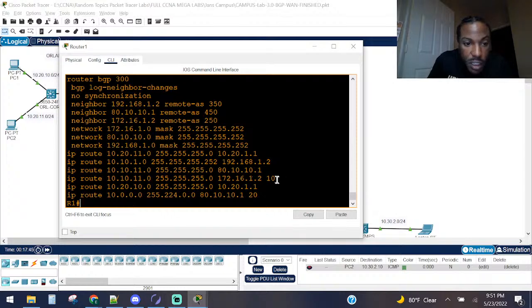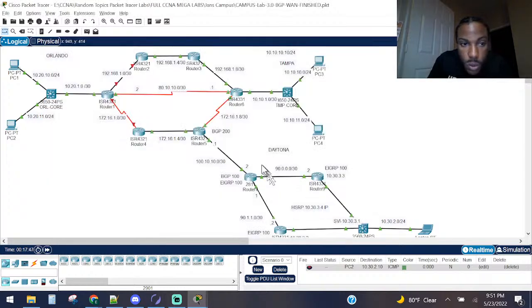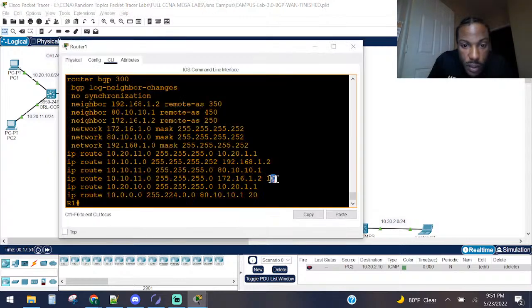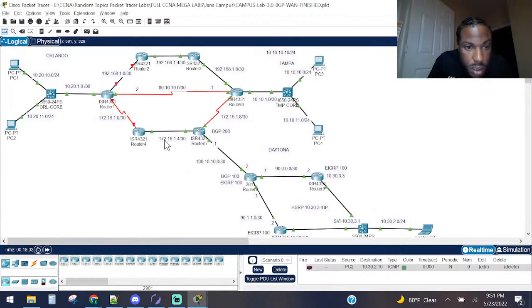And I believe to make it 10.10.11.0, I believe it was this one right over here. He said to make it 10.10.11.0, take this. But we really wanted to take the 80.10 network, which he has in BGP.